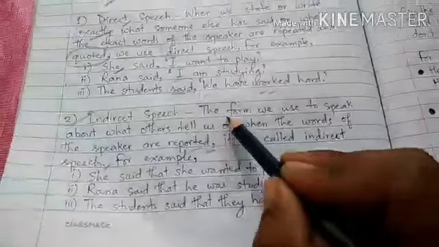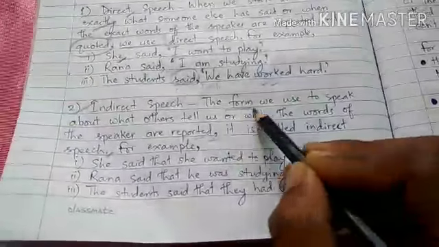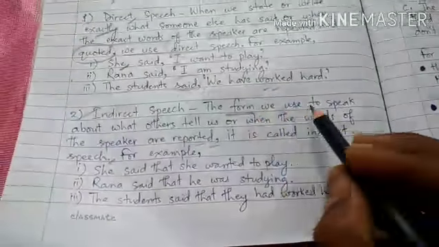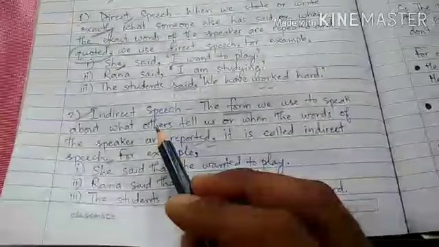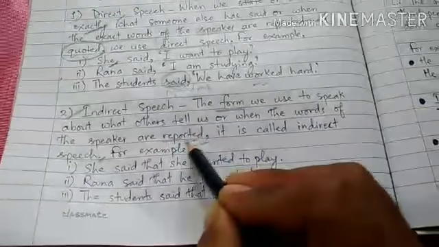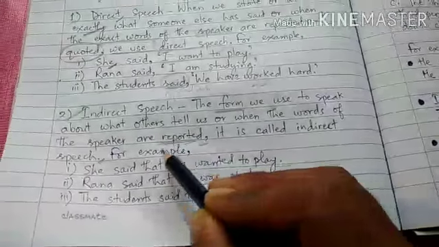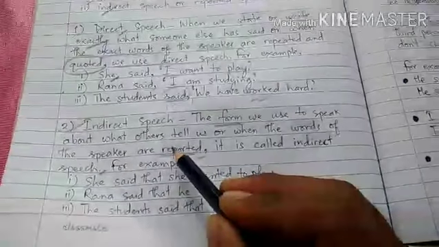Now see, the form, the way of expressing the action, when we speak about the events, the actions of the performer by reporting it, by telling that speech in our own words.